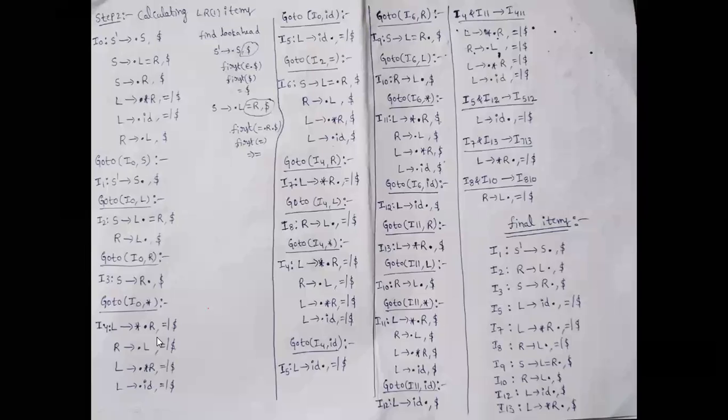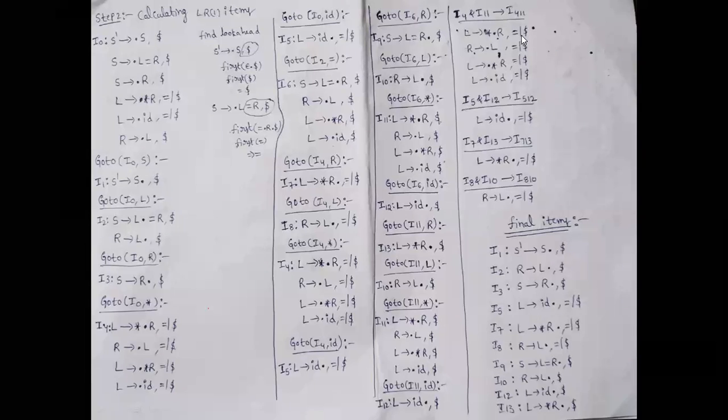Then add those two states and form a new state, that is I4 and I11, that produces I411. So we are combining I4 and I11, it gives I411. So that is the new state. The production is L produces star dot R comma, the look ahead is equal to R dollar.